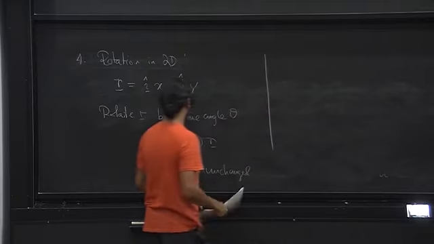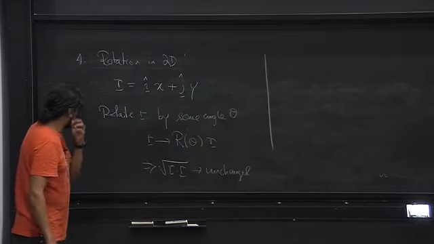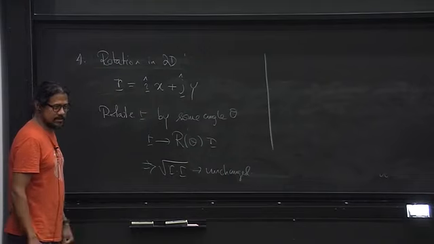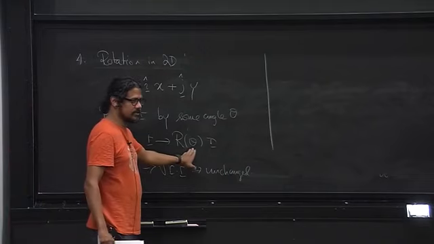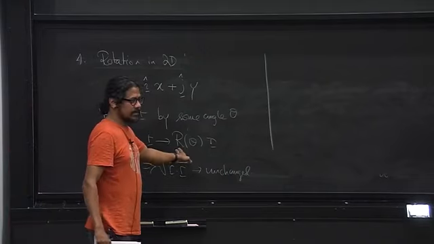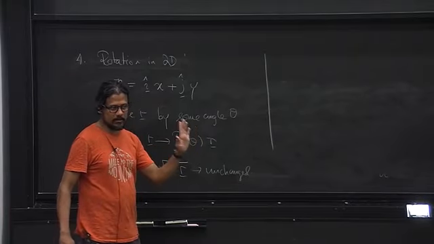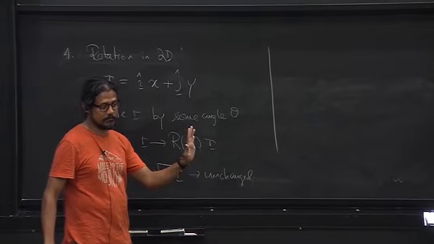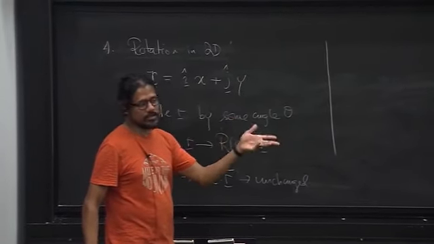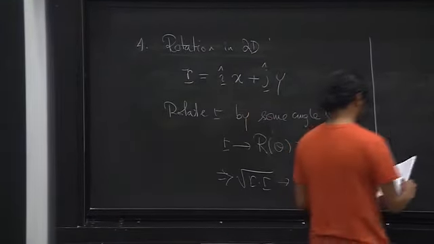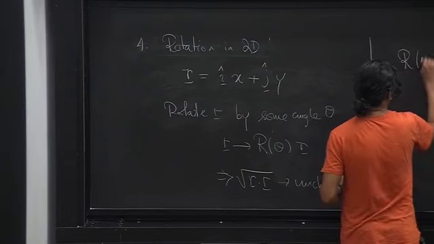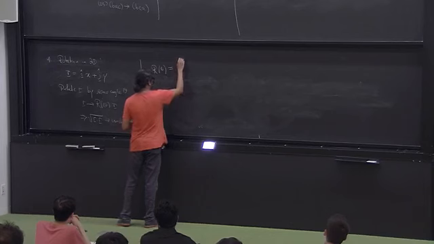Now, if it's a rotation that's continuously connected to the identity, that is, if I take theta to 0, we require this matrix to become the identity, no rotation, the identity matrix. Then this matrix has the form shown.